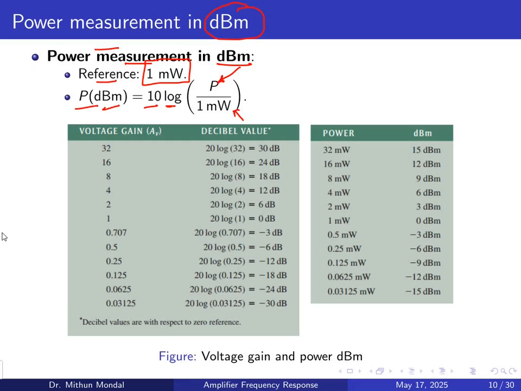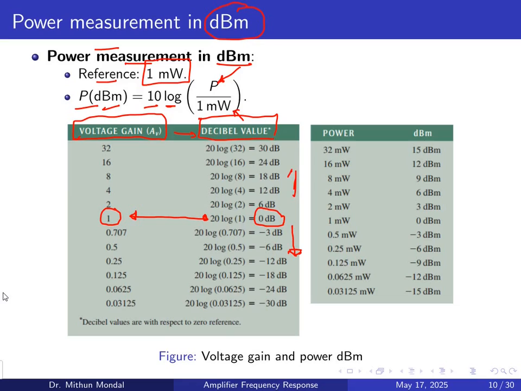So let us understand this voltage gain AV with respect to the decibel value. When we talk about 0 dB, this corresponds to the voltage gain of 1, because 20 log of 1 will give you 0 dB. So this is our reference. Now this side we have the negative values, where we are taking minus 3 dB, minus 6 dB and so on.